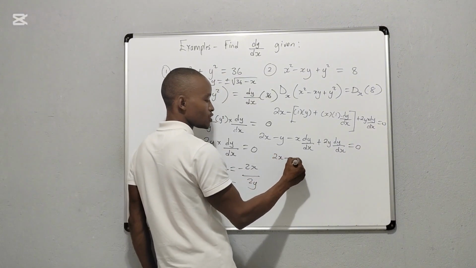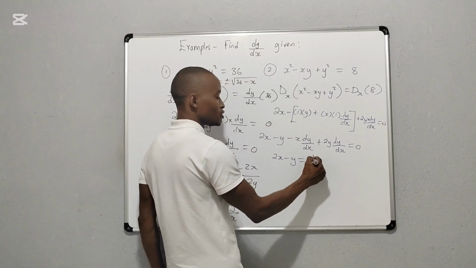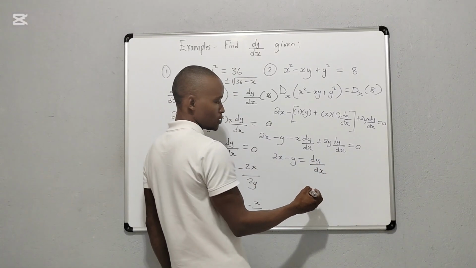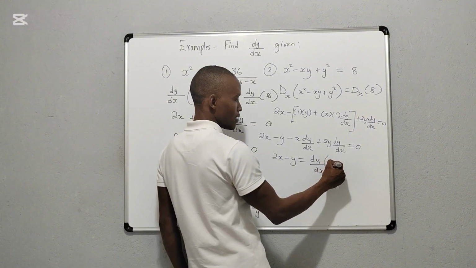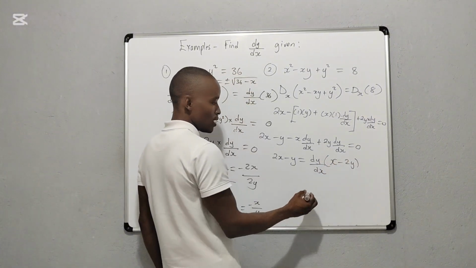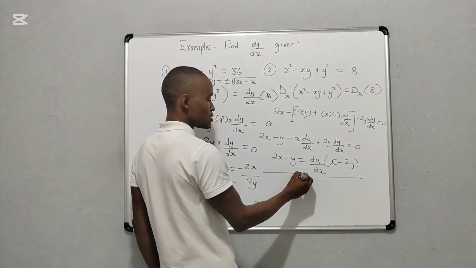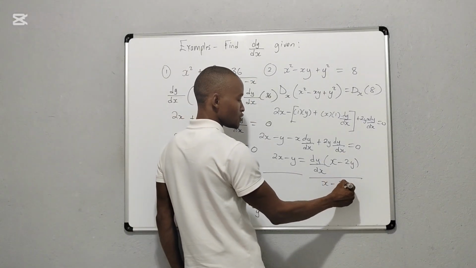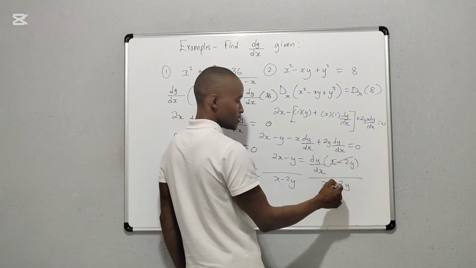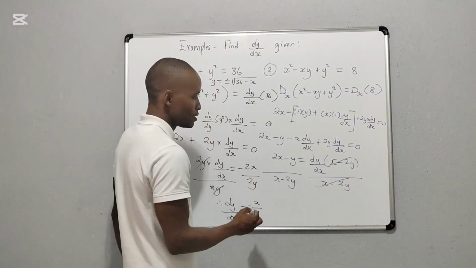So 2x minus y is equal to dy over dx, and when you do that, you end up with x minus 2y that remains. You need to divide both sides by x minus 2y, and that will cancel.